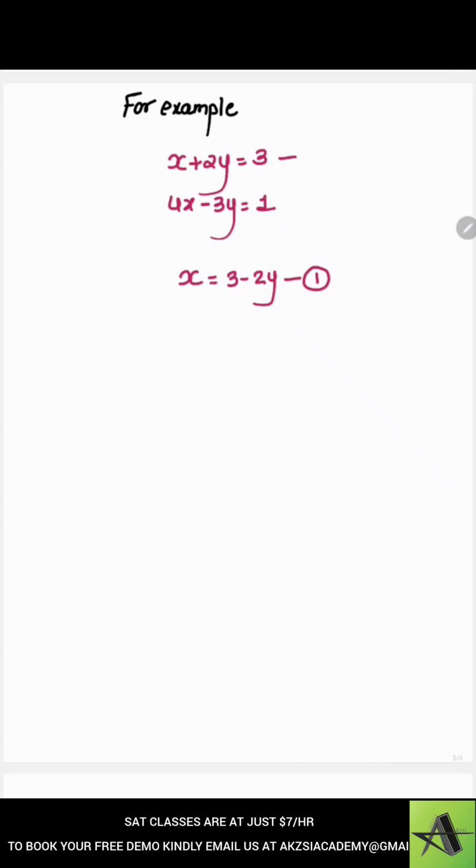Obviously don't do it in the same equation. So if you have calculated the value of a variable from equation 1, you need to plug that value in equation 2, in the other equation. So the next step is, let me plug the value of x, substituting the value of x in equation 2. This was our equation 2.